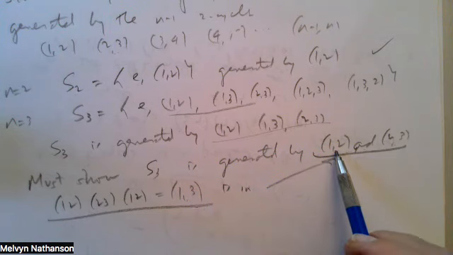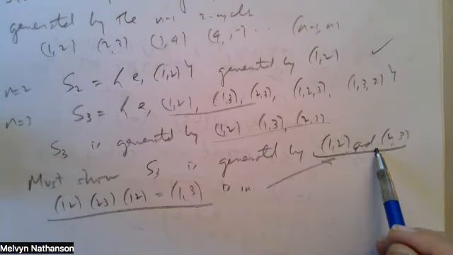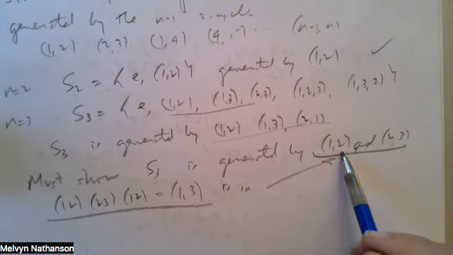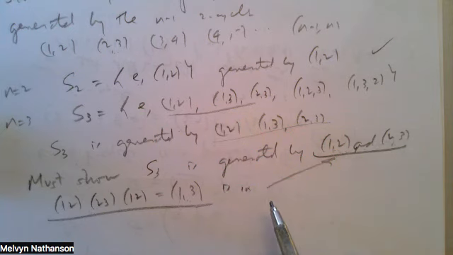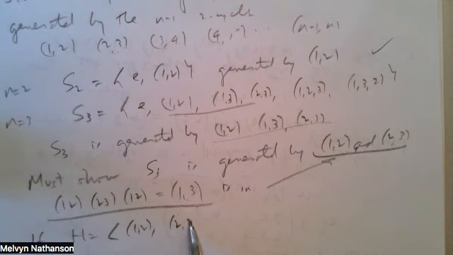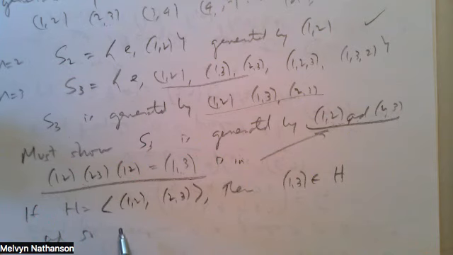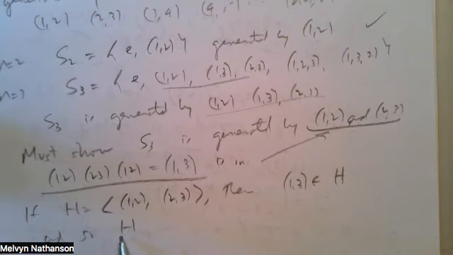So if I just take the transpositions (1 2) and (2 3) and look at the subgroup they generate, that contains (1 3). And if it contains (1 3), then it contains all the transpositions in S3. So it generates S3. If H is the subgroup generated by (1 2) and (2 3), then what I just showed is that (1 3) is also in H. And so H contains all transpositions.